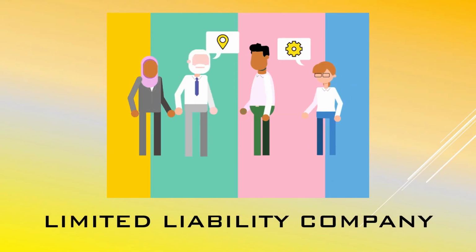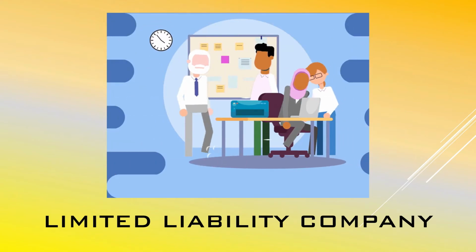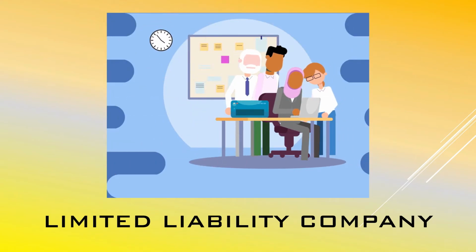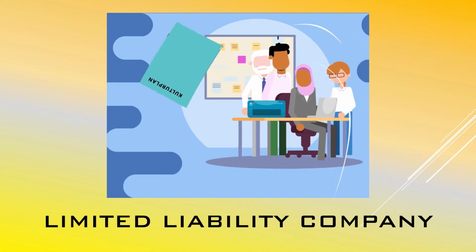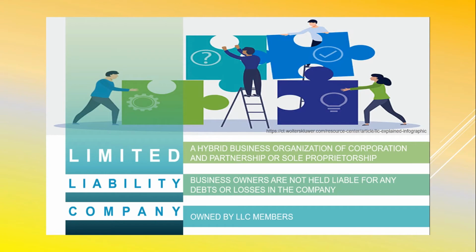Another form of business organization is the limited liability company, also called an LLC. In an LLC, business owners are not personally held liable for debts or other liabilities of the company. This form of business organization is a hybrid, which means it is a combination of the characteristics of a corporation and a partnership or sole proprietorship.